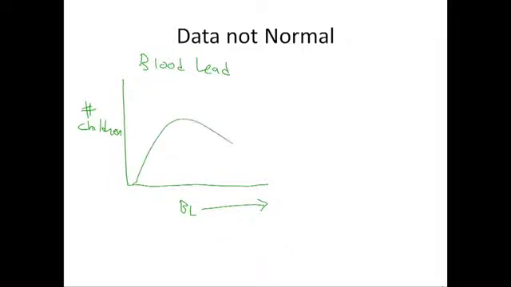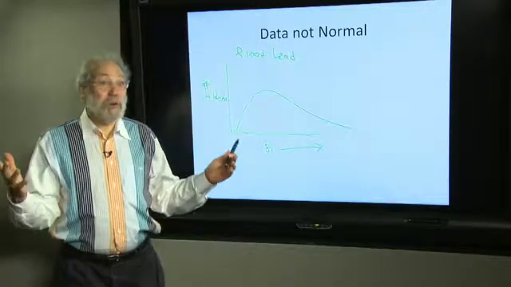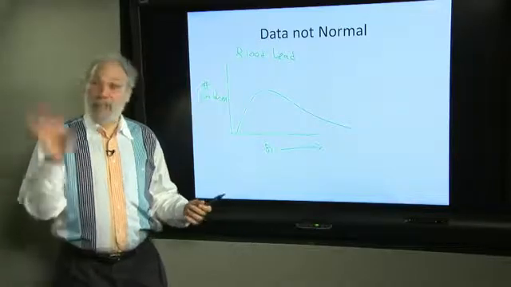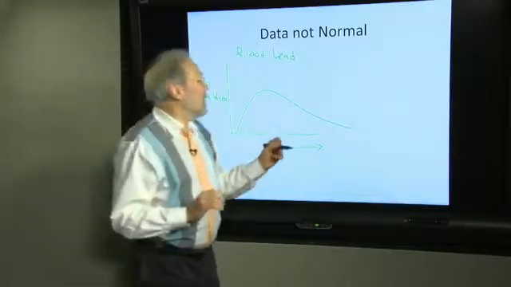And I get some distribution that looks like that. Now, many of you can probably look at that and say, that looks like a log normal distribution. No problem. I take the log transform, and transformations are useful things.